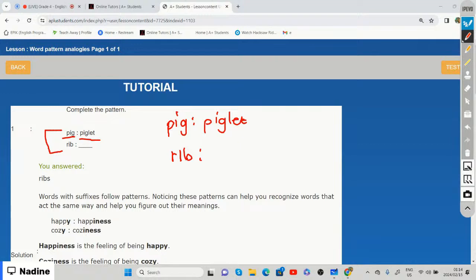We need to choose our specific word here by adding a suffix that is similar. All right, so we basically say piglet, which means that we added a let, and it is also riblet.